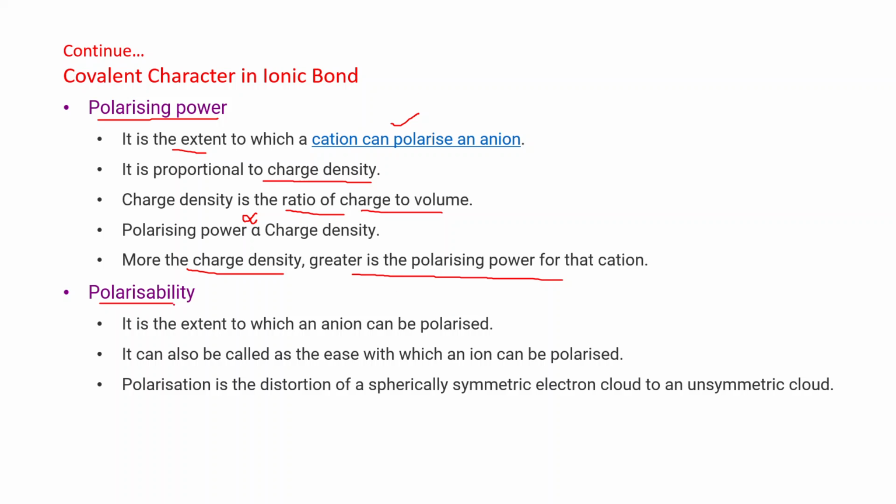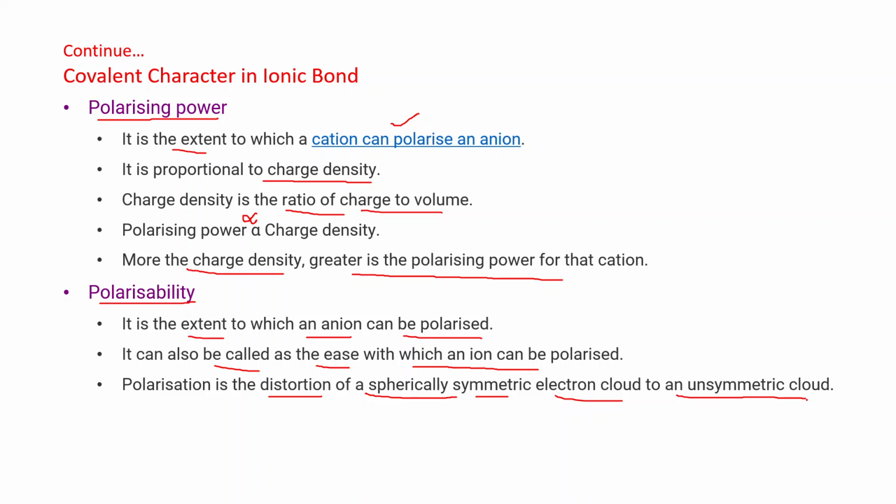Now, polarizability of the anion. It is the extent to which an anion can be polarized. It can also be called the ease with which an ion can be polarized. Polarization is the distortion of a spherically symmetric electron cloud to an unsymmetric cloud.